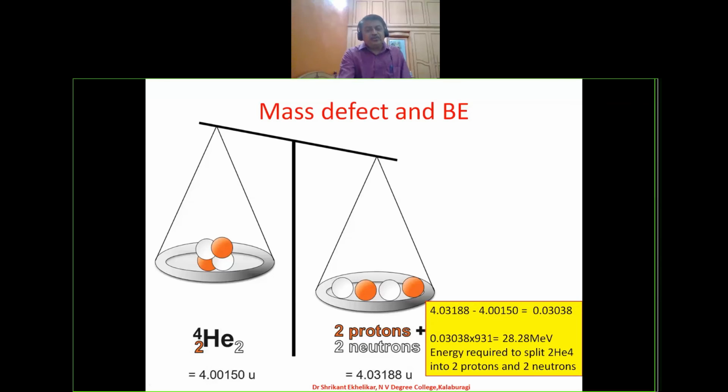That is why when we bring all protons and neutrons together and weigh, their mass is less than when we weigh them separately. So this is called the binding energy, which we will be taking up.